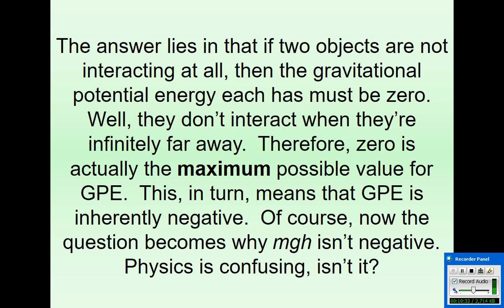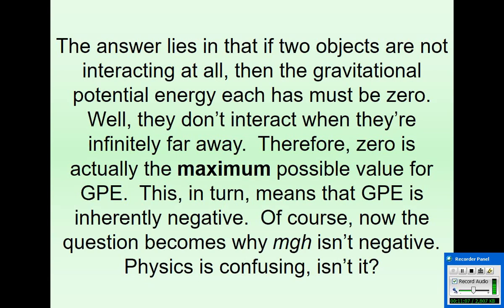I'm increasing the energy of the system. Well, if I'm increasing the energy of the system just to get them infinitely far apart and to zero energy, they have to start at negative energy. They start at negative energy, I do enough work, I add enough energy to the system to get them to zero. So gravitational potential energy is actually inherently negative.